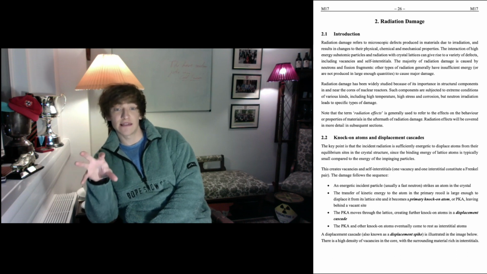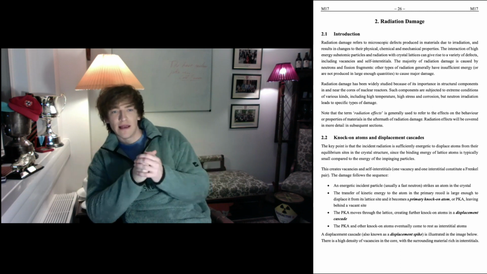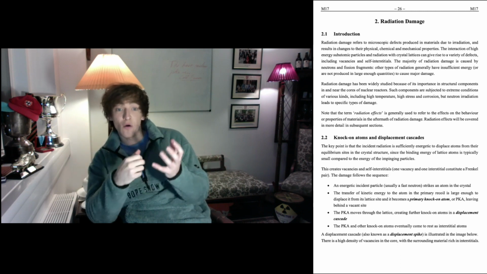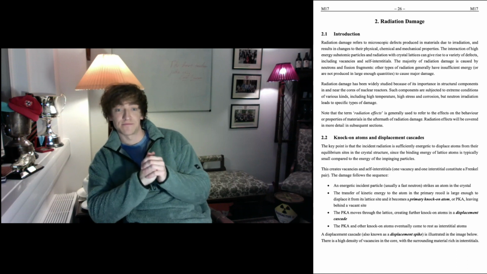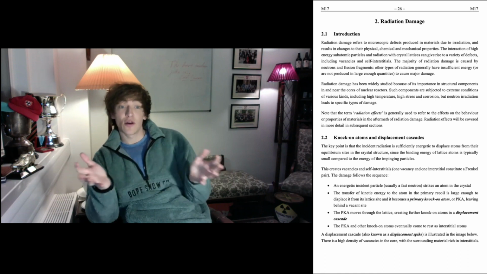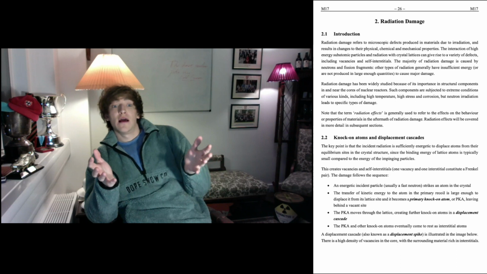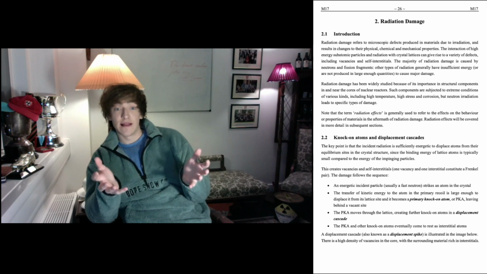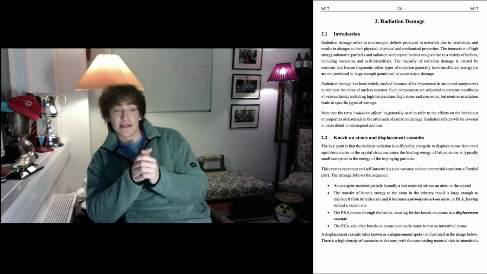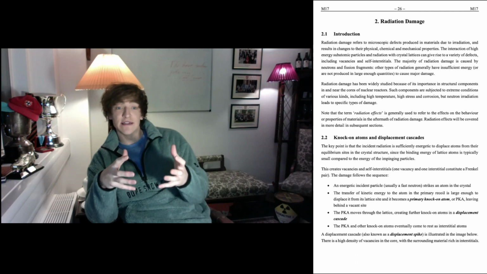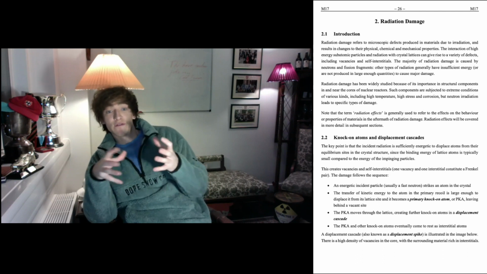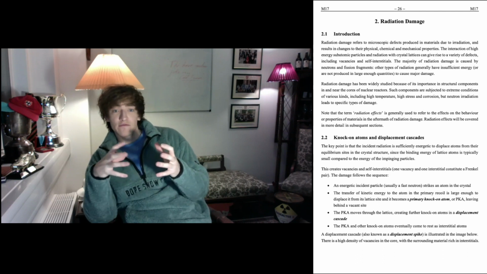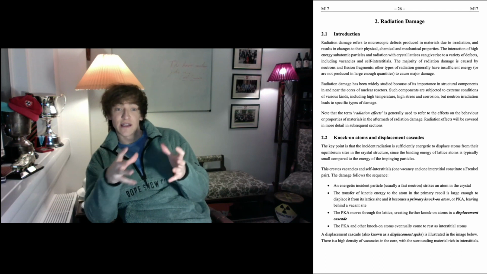And this allows the atom to be knocked off from its comfortable lattice site, leaving a vacancy in its place, a hole where an atom should be. And what happens to the knocked on atom? Well, it's now an interstitial, and it's travelling through the lattice until it loses enough kinetic energy to come to a standstill. So the first step of radiation damage is when a collision occurs.